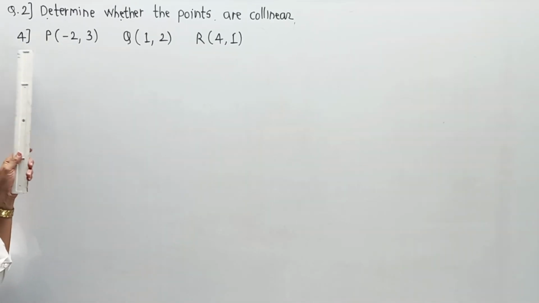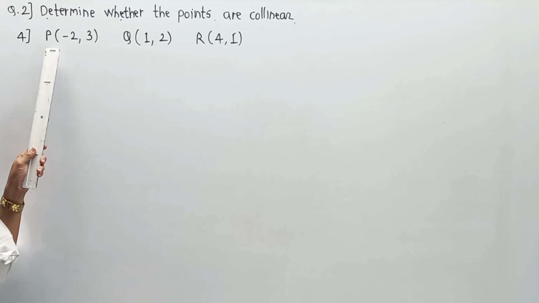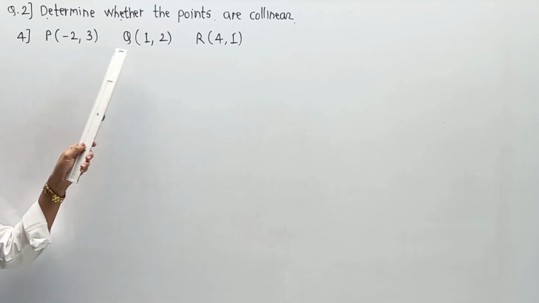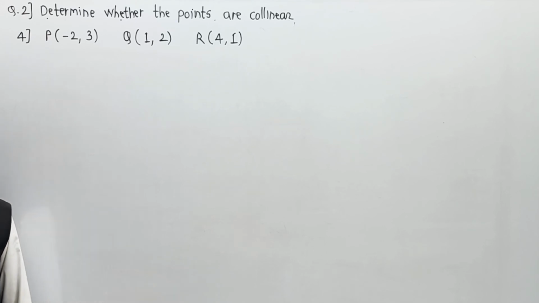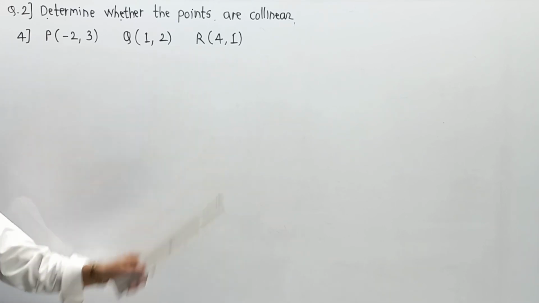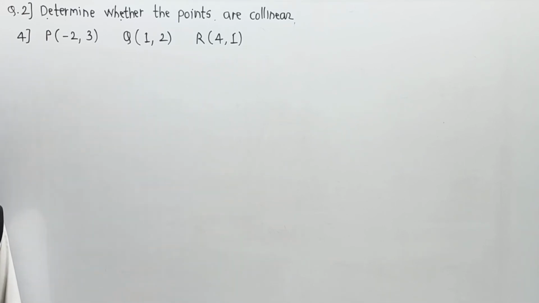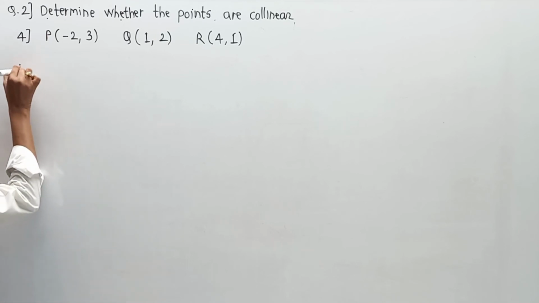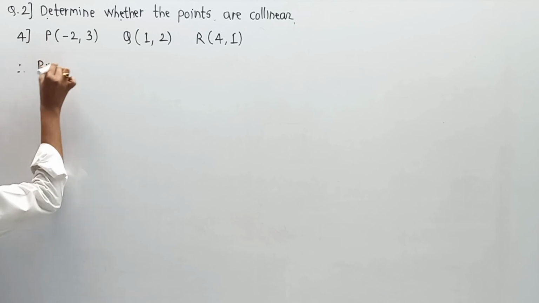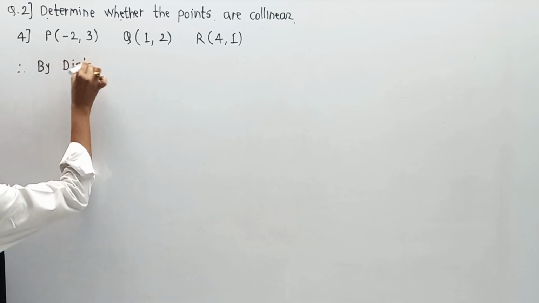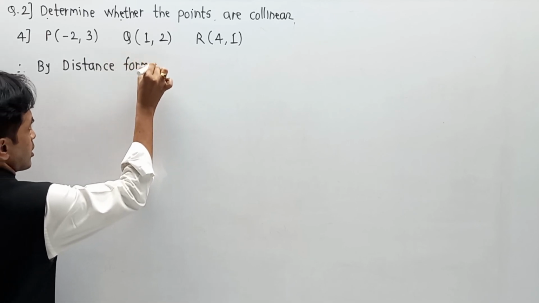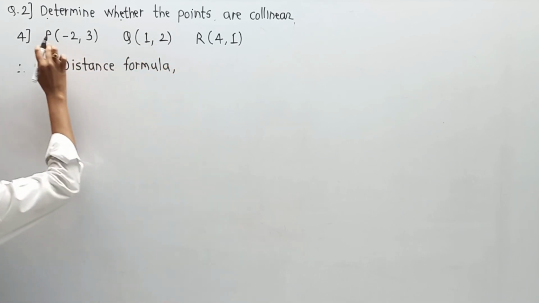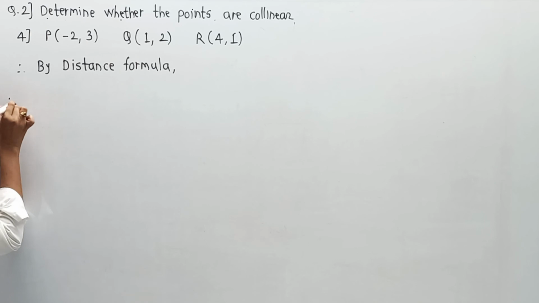Moving to the fourth question, our fourth numerical is P(minus 2, 3), Q(1, 2) and R(4, 1). These are the 3 points. Again we have to find the distance between the respective 2 points for all the 3 cases and make the comparison. Therefore, by distance formula, first distance PQ.